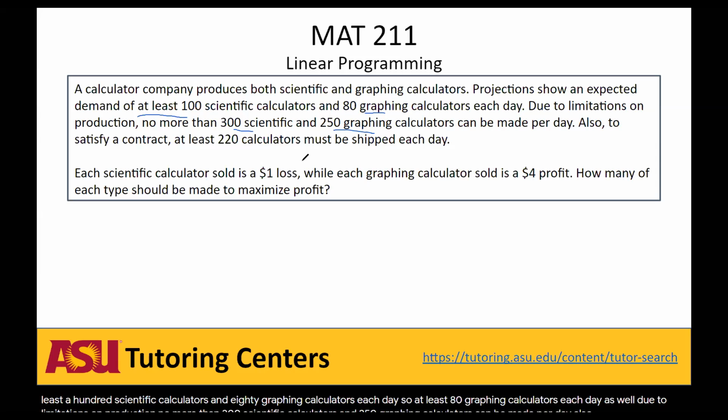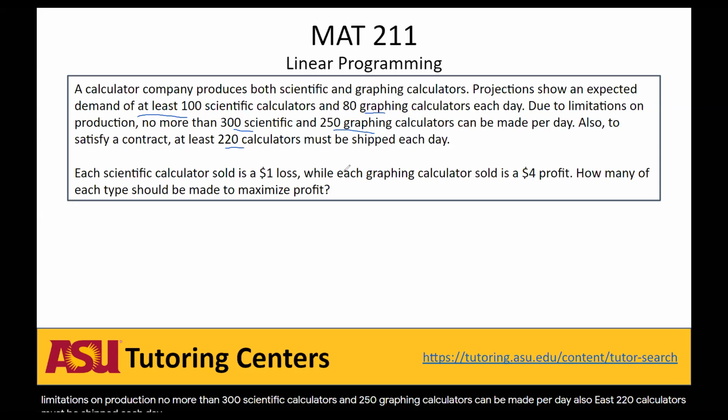Also, to satisfy a contract, at least 220 calculators must be shipped each day. Each scientific calculator sold is a $1 loss, while each graphing calculator sold is a $4 profit. How many of each type should be made to maximize the company's profit?